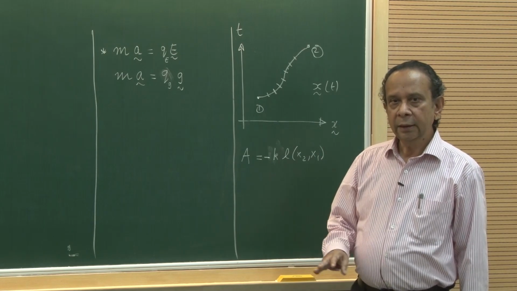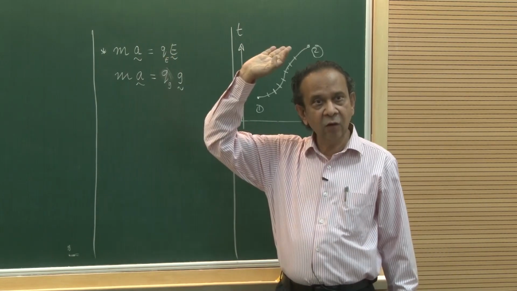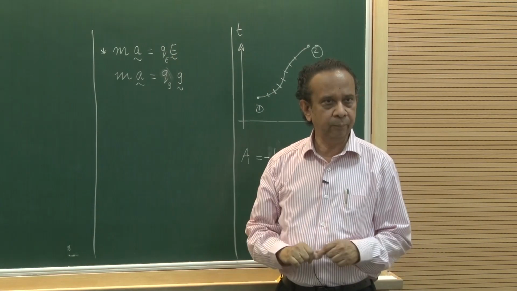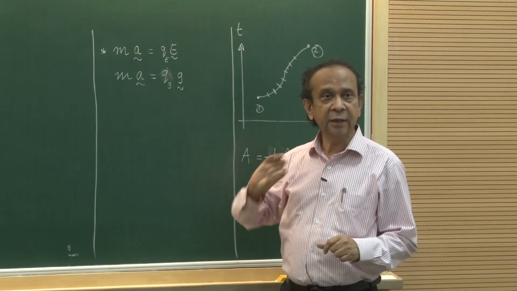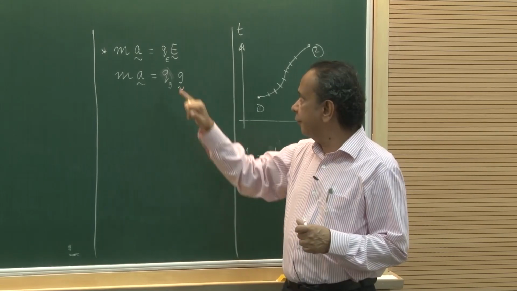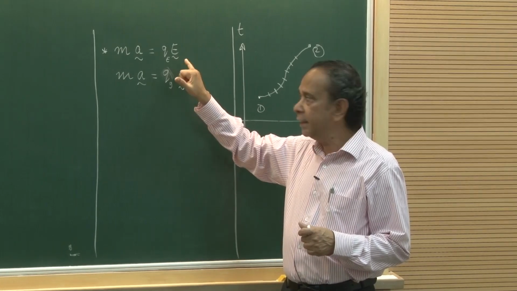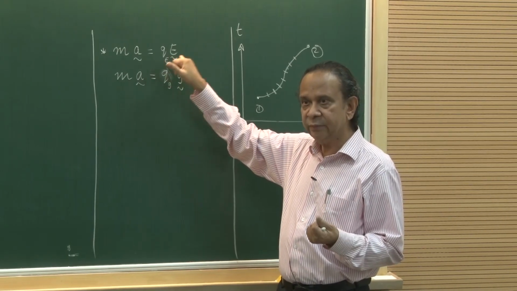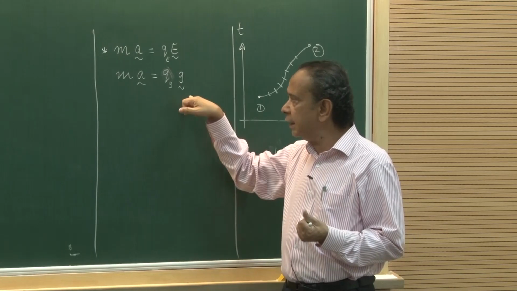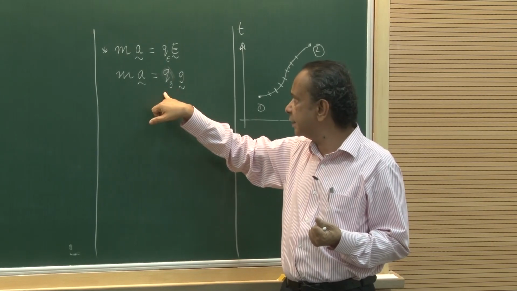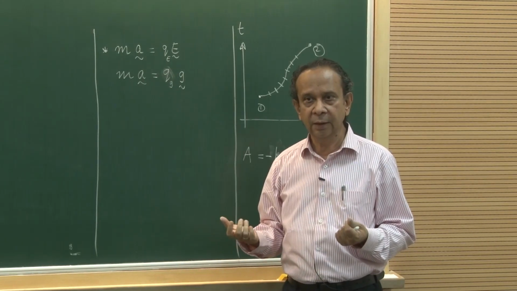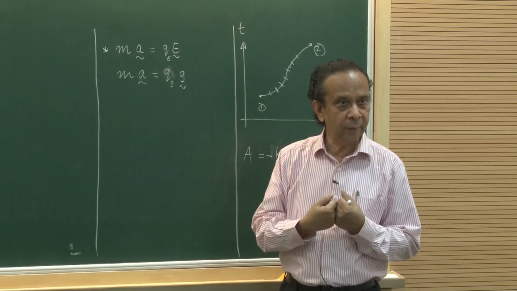Think about it. Mass times acceleration is always the left hand side of Newton's equation. On the right hand side you have to tell me the force. Now, the force in an electric field is the electric charge times the electric field. So, the force in the gravitational field should be the gravitational charge times the gravitational field. That is the most logical thing to happen.